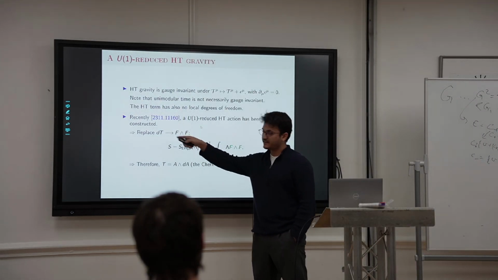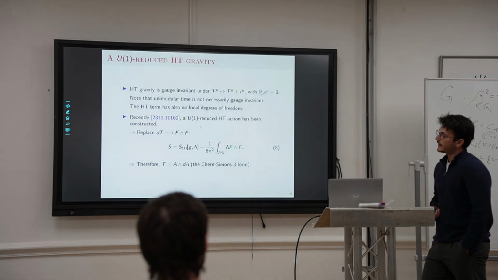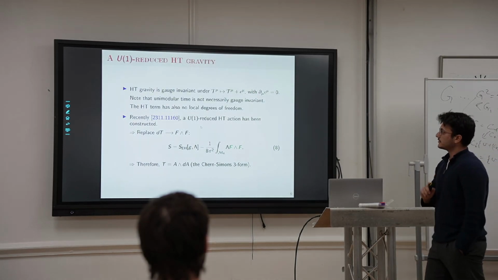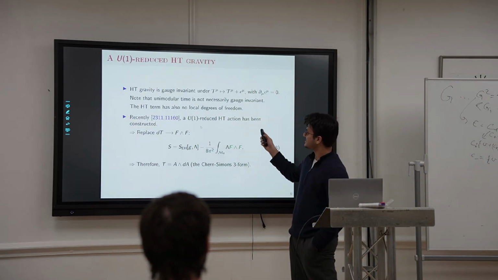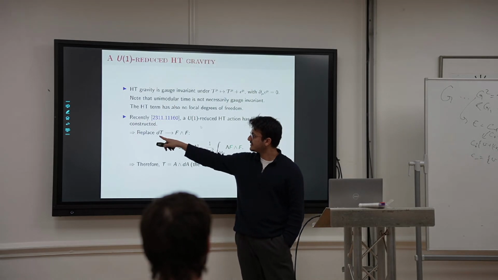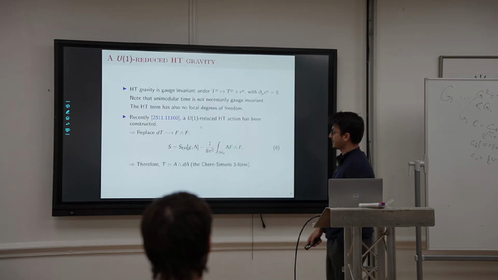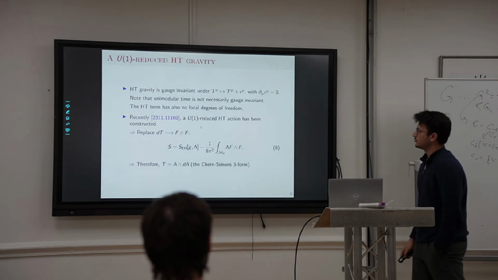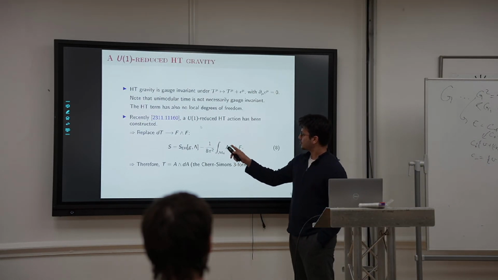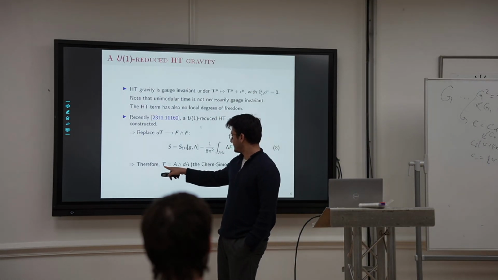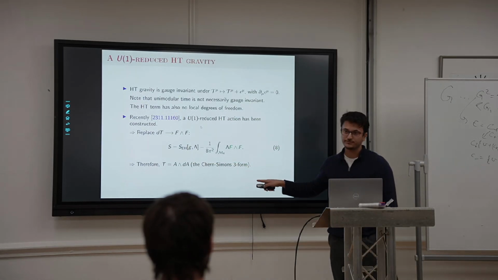This is what we did with Farbot and Joao like a year and a half ago, and we replaced this dT that you find here by F wedge F. If you do that, you have some sort of Chern-Pontryagin term here. And then the T, you can find, is the Chern-Simons 3-form.